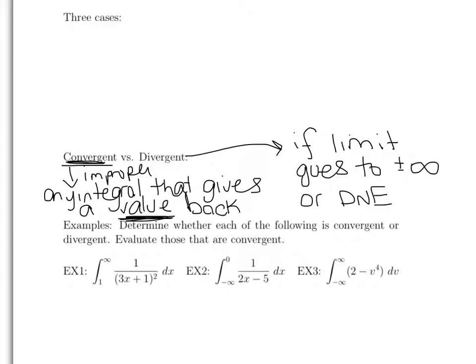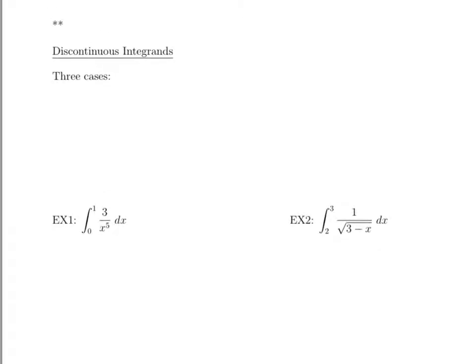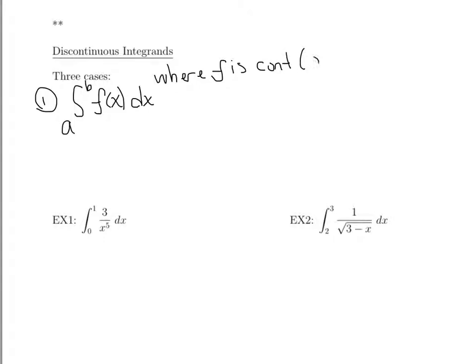We're now going to look at 3 more cases. We had the 3 infinite cases, and now these are 3 cases where we have discontinuities. The first one will be an integral from a to b of f of x dx, where f is continuous on the interval except that it's discontinuous at a.